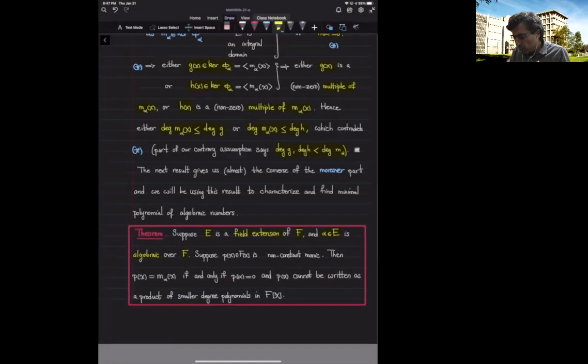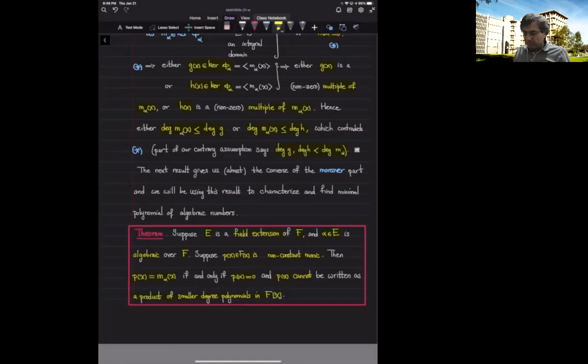I'm going to give you a polynomial p that is non-constant and monic in F[x]. Now this polynomial is the minimal polynomial of alpha precisely when alpha is a 0 of p, and p cannot be written as a product of smaller degree polynomials in F[x].